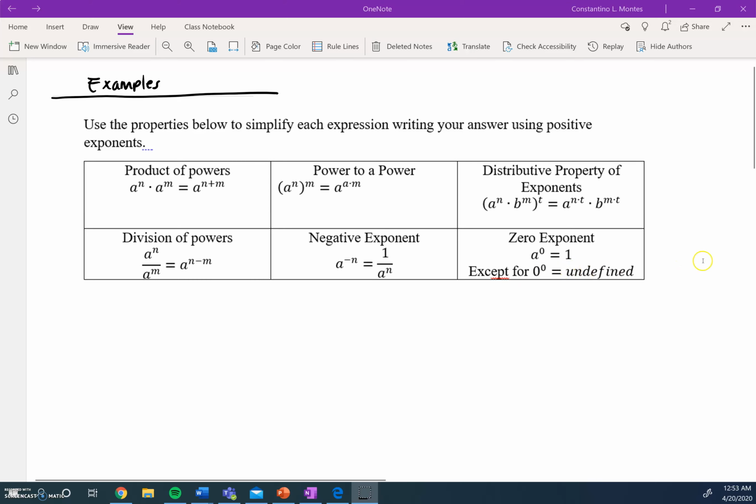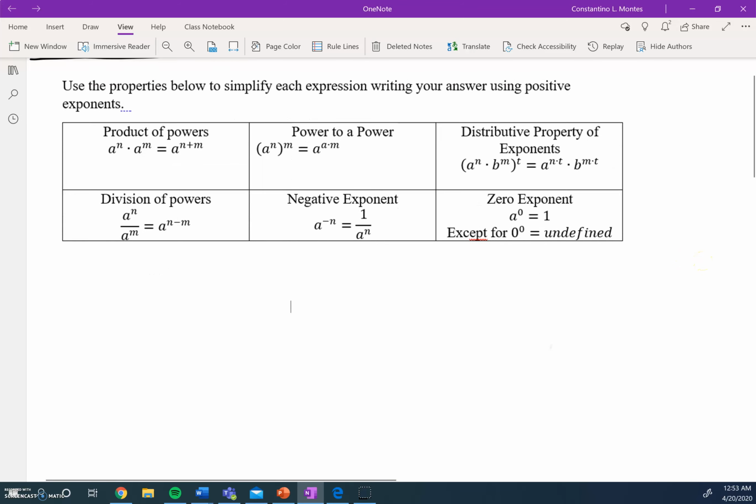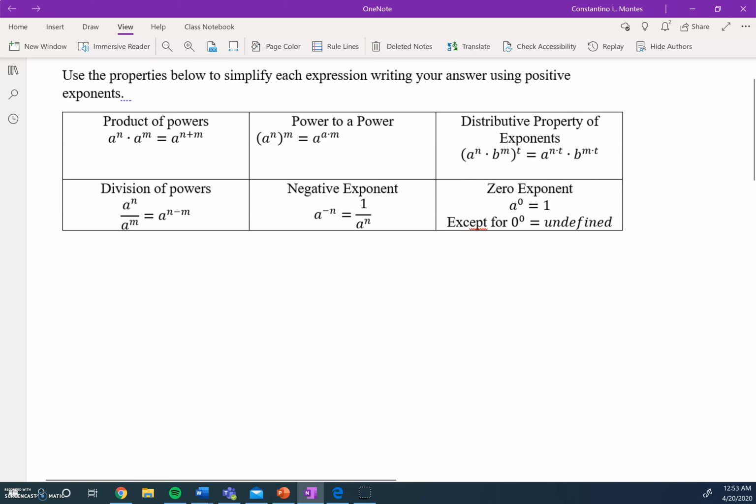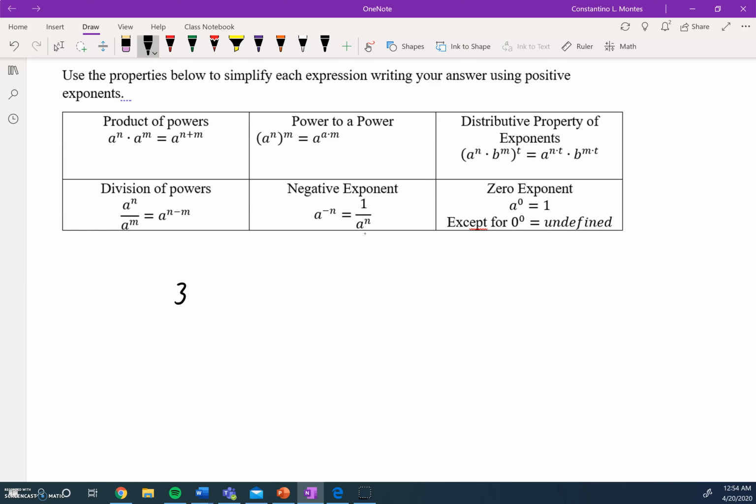So let's just jump into some examples. Let's start off with a pretty straightforward one. Suppose we had 3 to the power of 5, and I was dividing that by 3 to the power of 8.